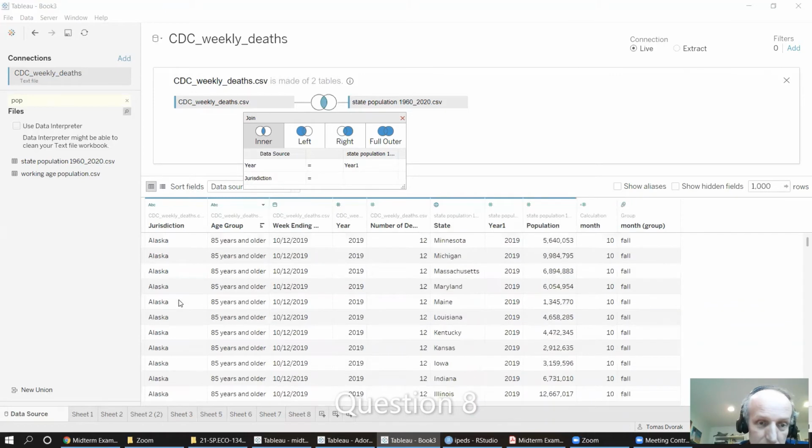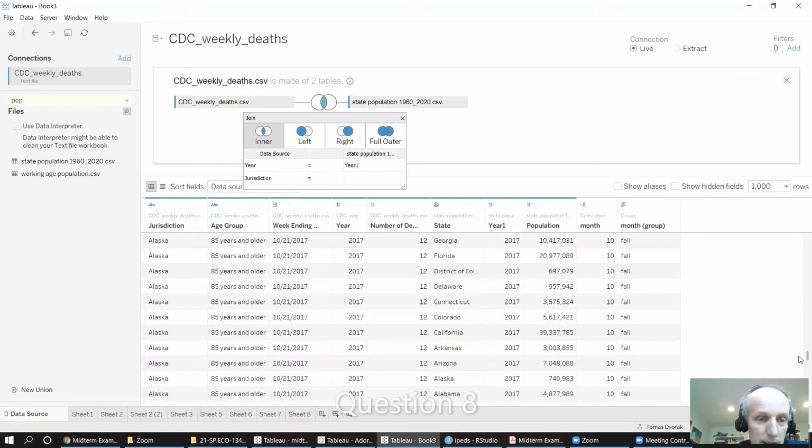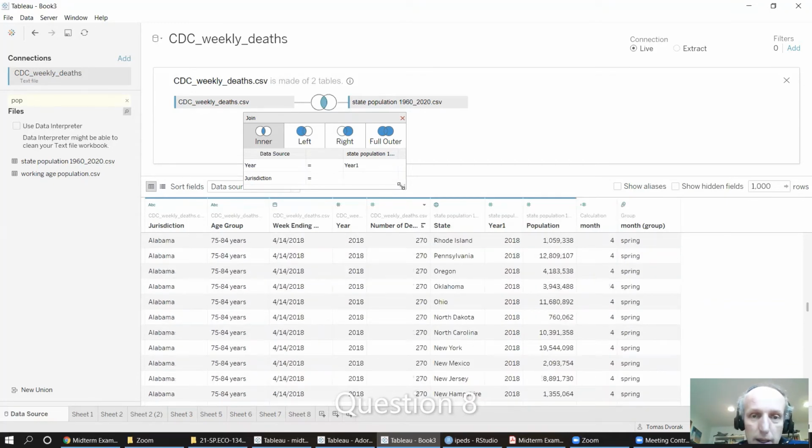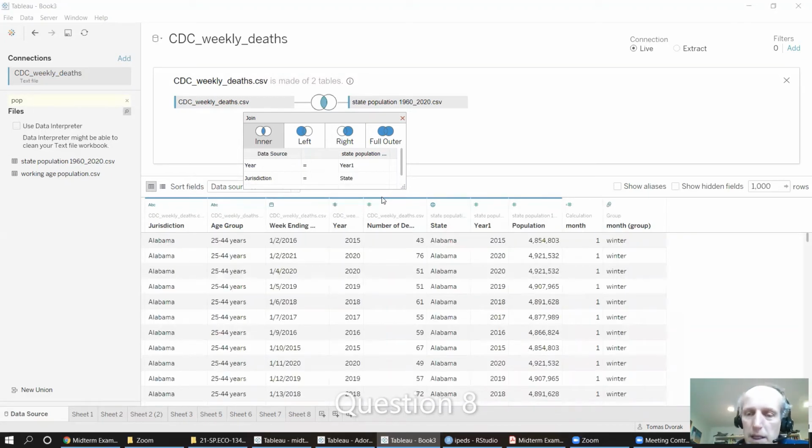We see Alaska, we see down here probably Alabama, and so on, and that should be lined up with state in the state population data. And so we are also told that we want to keep all of the CDC data. So we want to choose a left join, because that's going to keep all of the CDC data, even if the CDC data has some jurisdictions that are not present in the state population data.